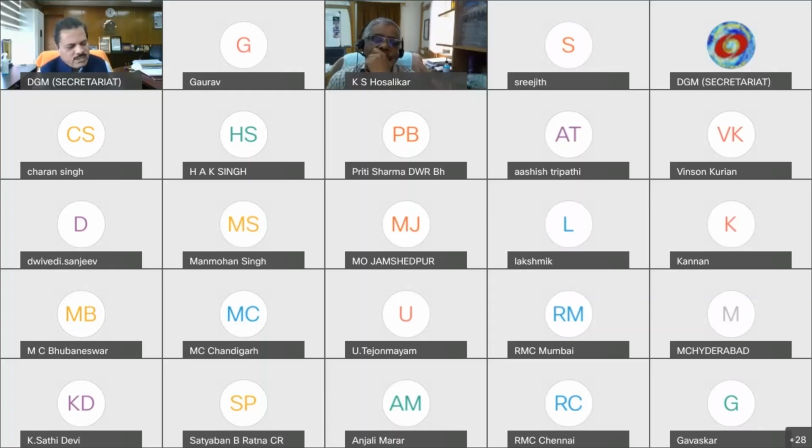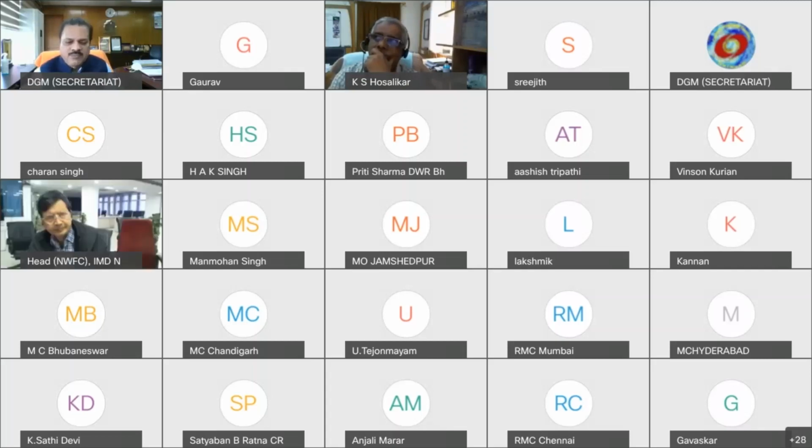Now, next question, that if you look at this year, we did have some western disturbances, and it caused good rainfall activity as it moved towards the eastern parts, especially the East UP, Bihar, Jharkhand, Odisha, and northeastern state. They could get above normal rainfall activity or normal rainfall activity.